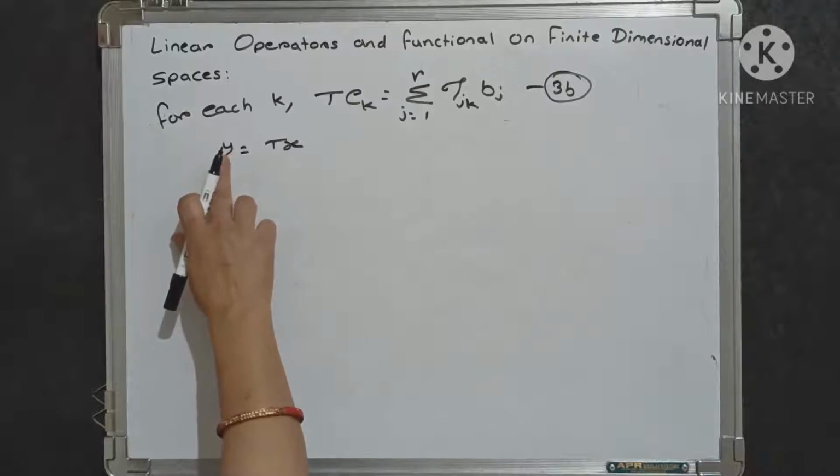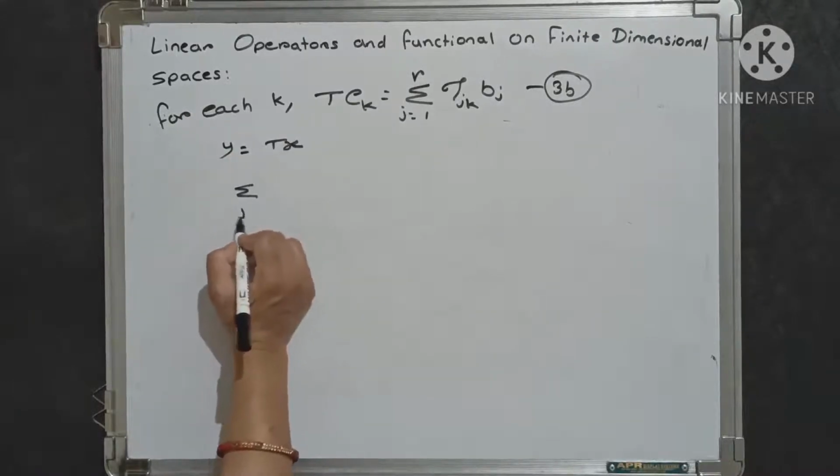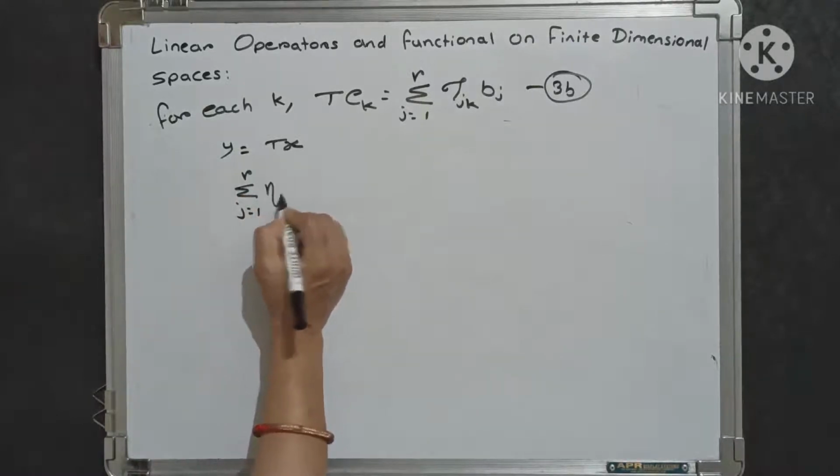Here we get the value of y as the summation, j from 1 to r, of η_j b_j.